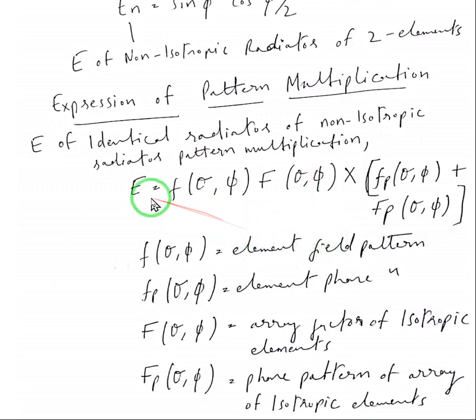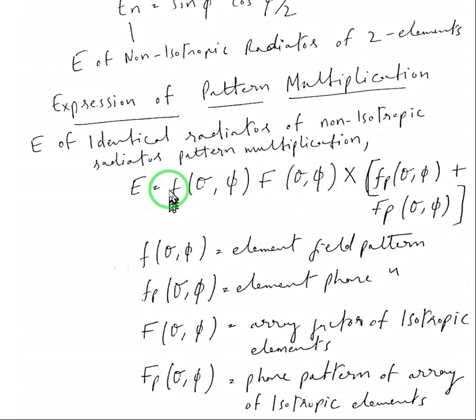The formula for the non-isotropic radiator pattern multiplication for the electric field is f(theta, phi) multiplied by F(theta, phi) plus fp(theta, phi) plus Fp(theta, phi).